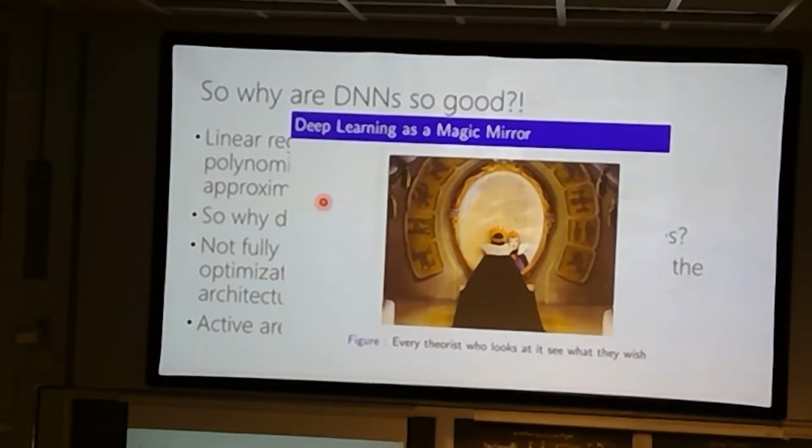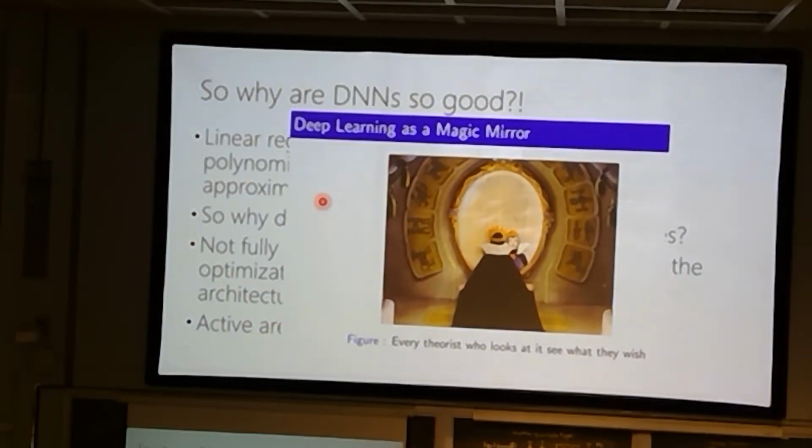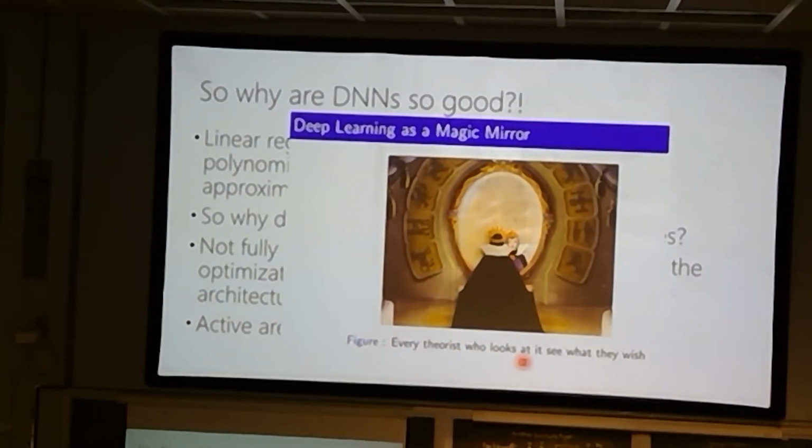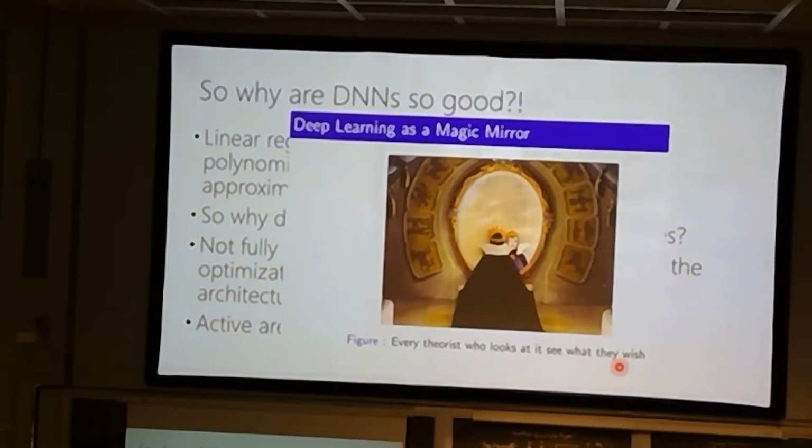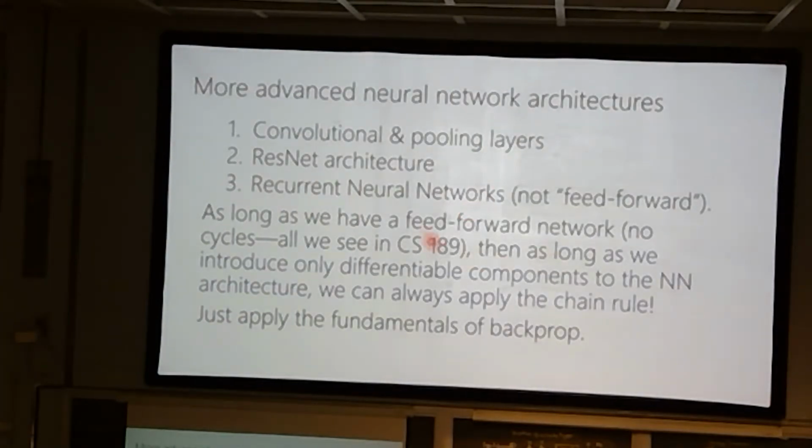The physicists see it in their way with their spin glass models, and the theoretical machine learning people have their viewpoint. It's a bit of a joke, which is to say that every theorist just looks at it in the mirror to see what they want. You think you understand it just because you're looking at it with your language and your machinery. That's not to denigrate it. There are really interesting results there, but it's a really wide open field with very different viewpoints. Okay, so that's the basics.